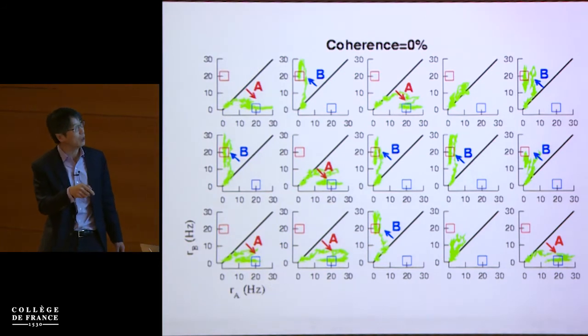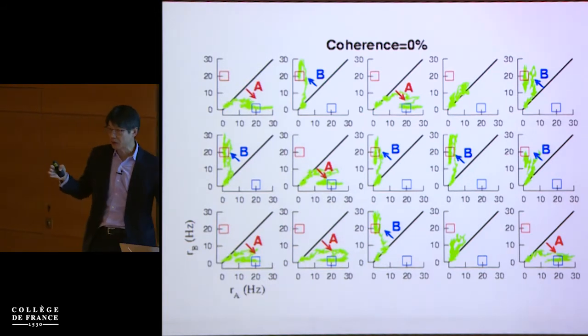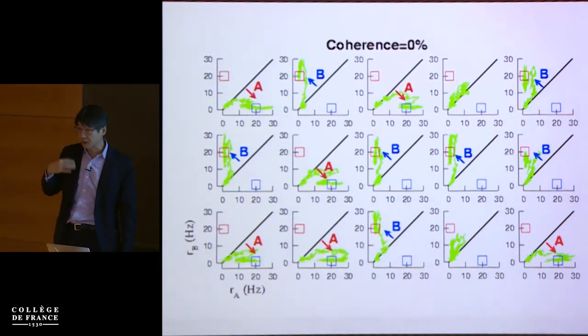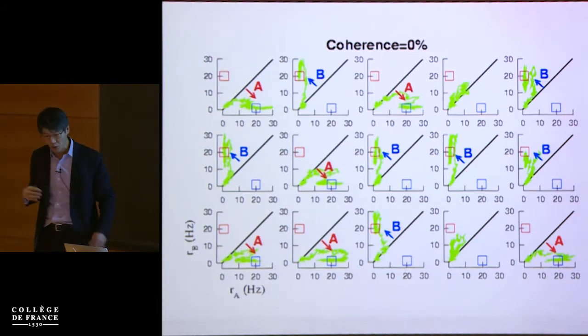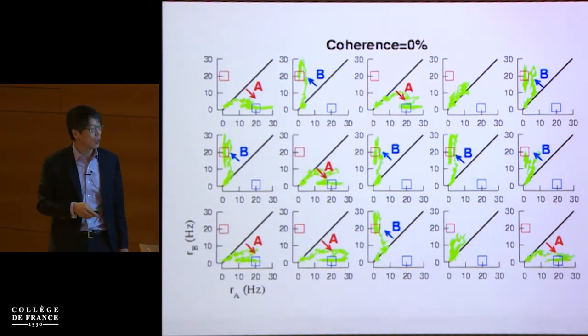This is indicated here across individual trials. Interestingly, in a few trials, like this one or this one, during the stimulus presentation, the activity remains along the diagonal line. You can say that the system sometimes procrastinates. So it does not know what is the right choice in those examples.